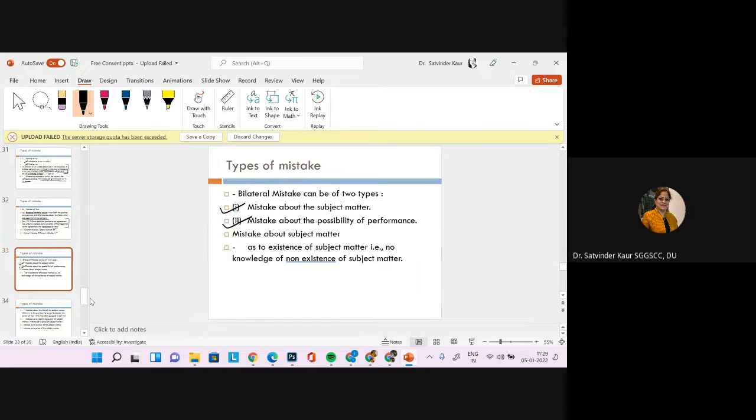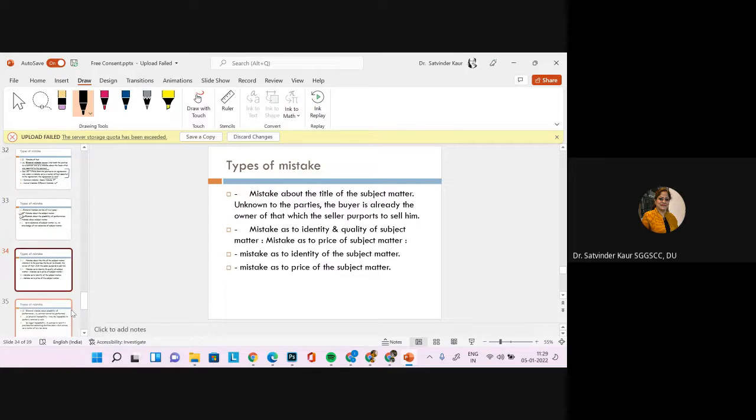In that case, the non-existence of the subject matter will lead to a void agreement, be it physical impossibility to perform or legal impossibility to perform. If we talk about the subject matter, it can be about the identity, quality, price, or other matters of the subject matter.